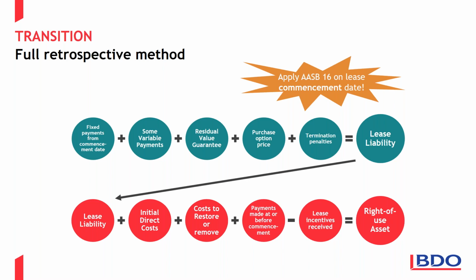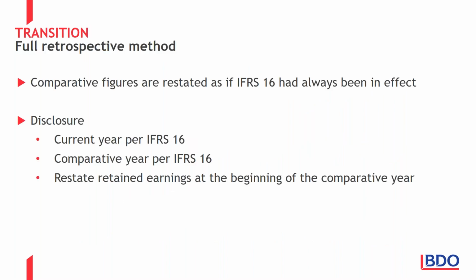So you'll go through all the green circles to determine the lease liability. You always determine the lease liability first. And then you use the lease liability as a starting point and make a number of adjustments to those to determine your right of use asset. And that's the red number of circles. But you go back in time.